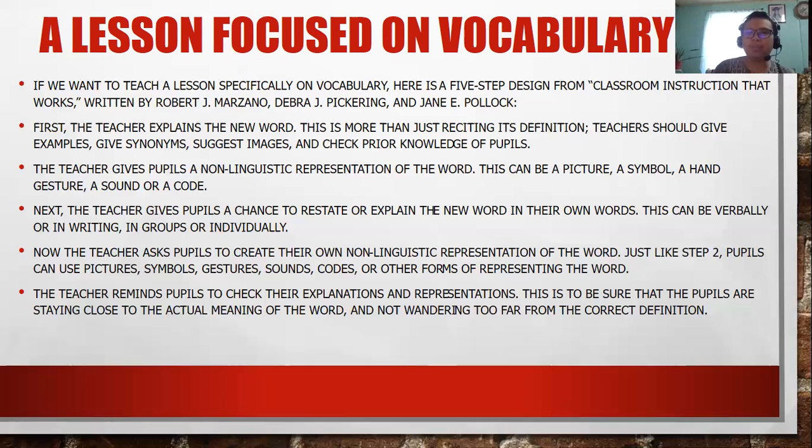Fourth, the teacher will ask pupils to create their own non-linguistic representation of the word. Just like in step 2, pupils can use pictures, symbols, gestures, sounds, codes, or other forms of representing the word. And the last step is the teacher reminds pupils to check their explanations and representations. This is to be sure that the pupils are staying close to the actual meaning of the word and not wandering too far from the correct definition.